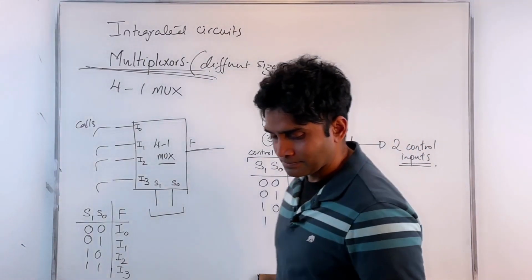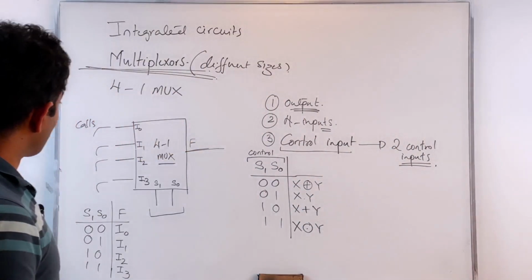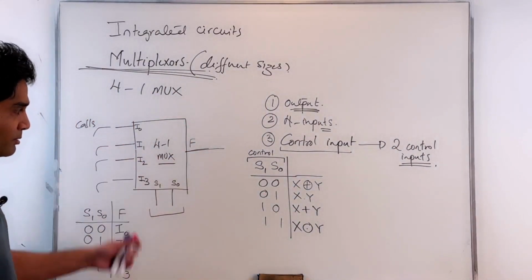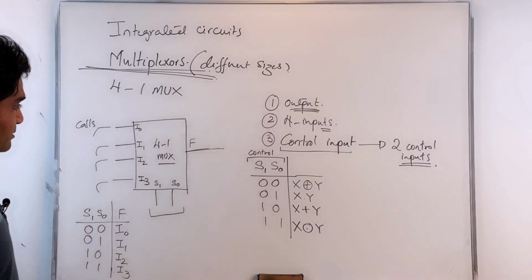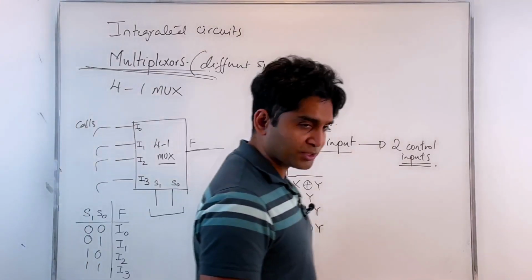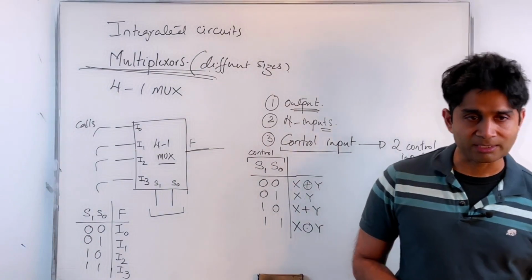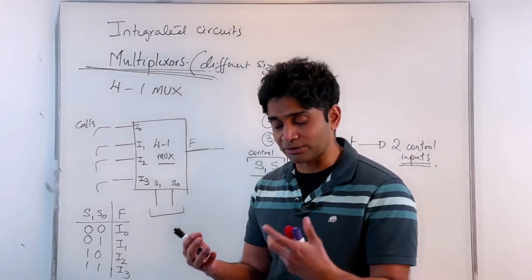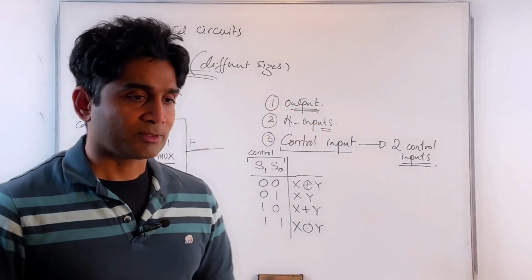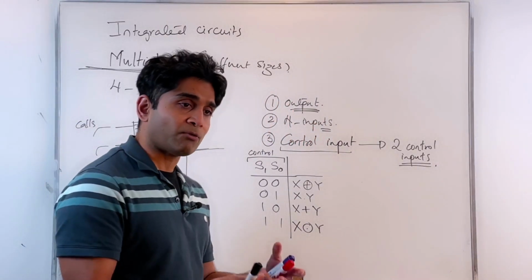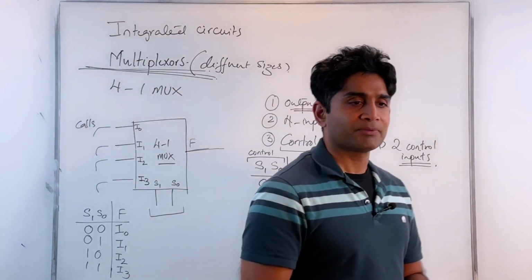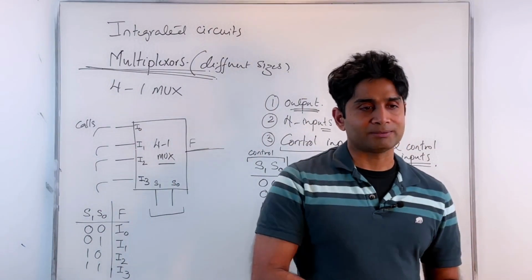All right. Now, the good thing about this is that it becomes very handy, especially when you want to multiplex. Oftentimes when you're trying to design a digital system, you want to do that. We want to multiplex, right? And this enables you to do that.